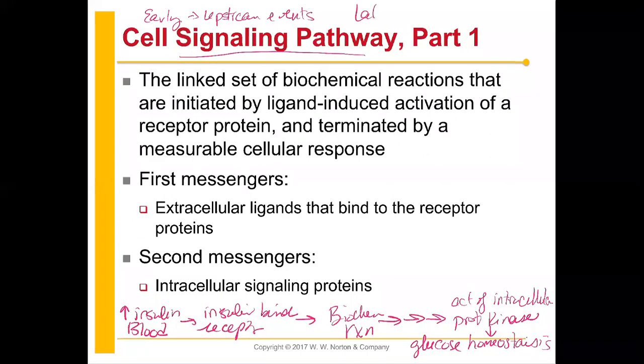And the later steps are our downstream events. And you'll see this is like our target protein modification.